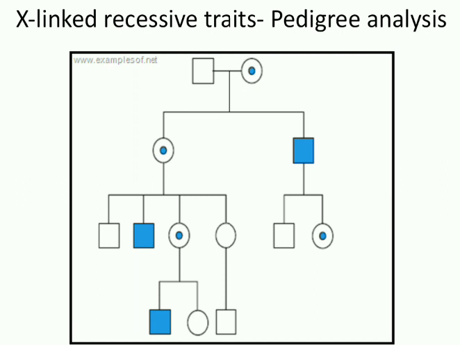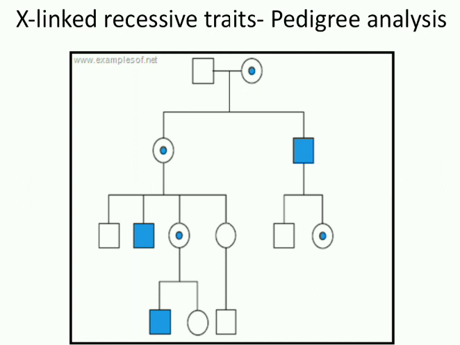So the affected male is transmitting the trait through his daughter, and this daughter can transmit to half of the sons. That means the affected male will have half of his grandsons with the clinical manifestation, whereas his daughter will be a carrier. No male to male transmission occurs because a father contributes a Y chromosome to the son.